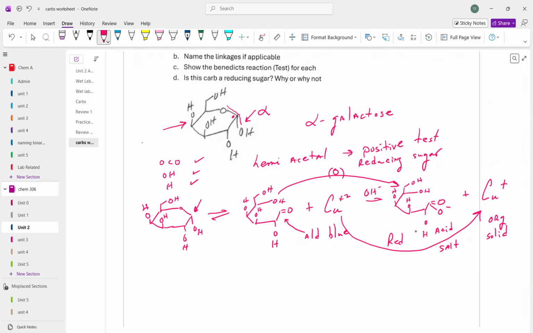So this works for glucose also. That's the only difference. So the glucose is in the blue.